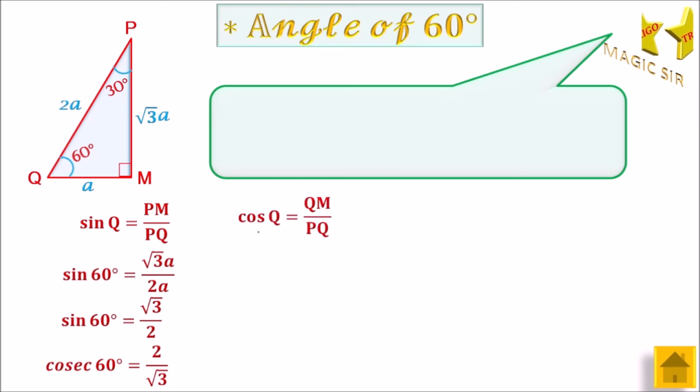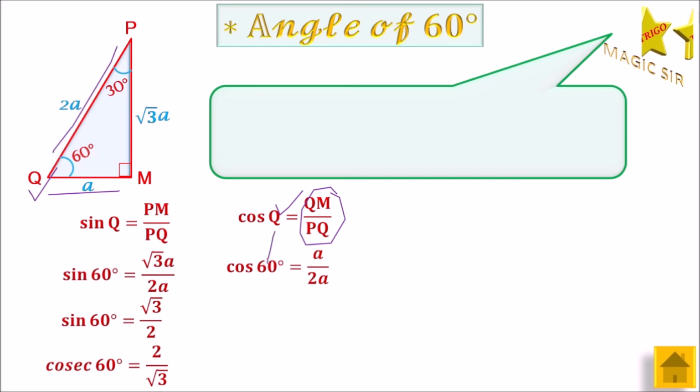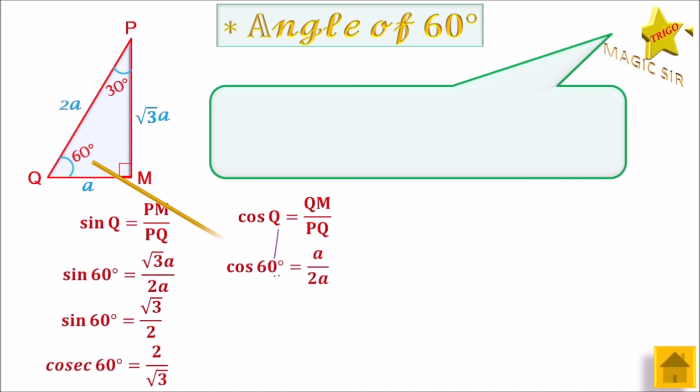Now by definition cos Q is equal to QM upon PQ. Q is equal to 60 degree. QM is the side adjacent to angle Q and PQ is the hypotenuse. So we put Q equal to 60 degree. MQ is equal to a. See the animation.